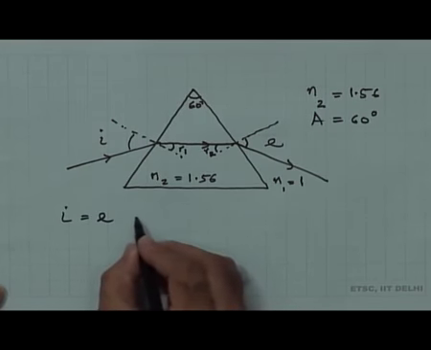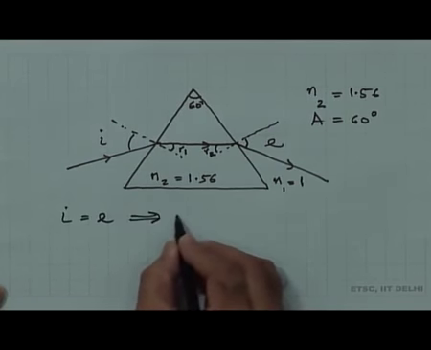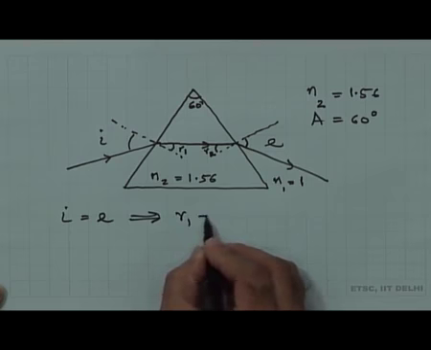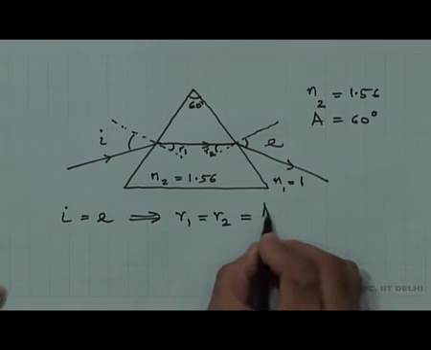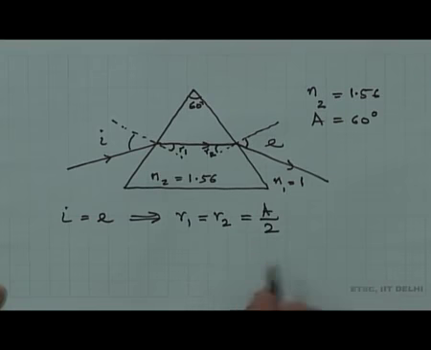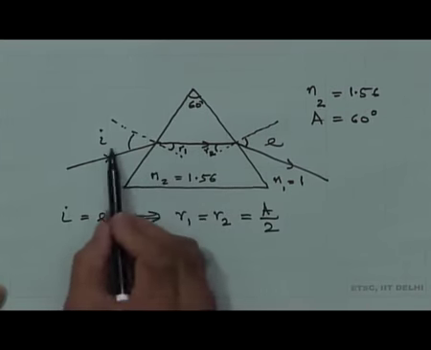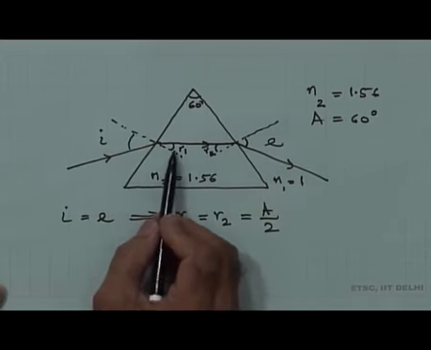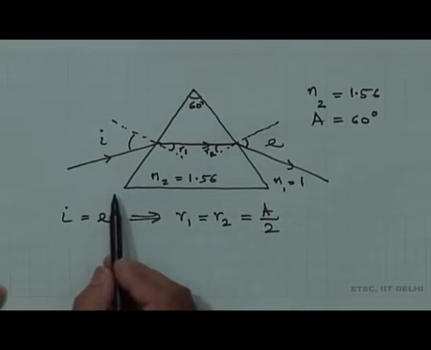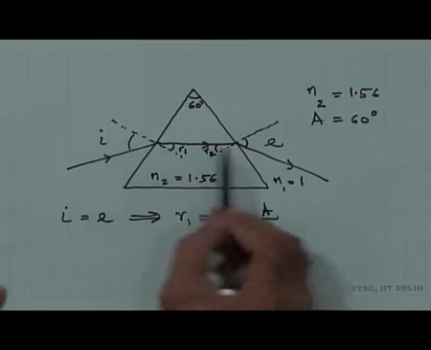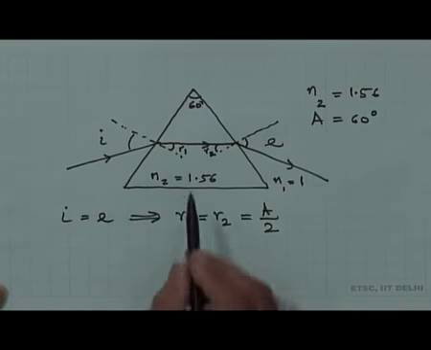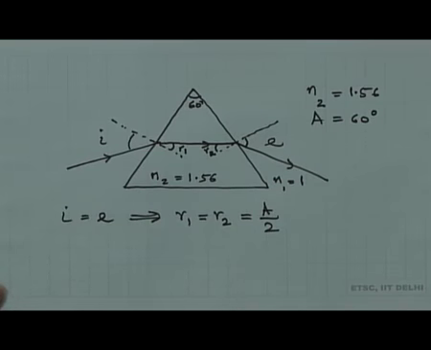I is equal to E implies R1 is equal to R2, which is equal to A by 2. We have already seen this, because if I is equal to E, that means R1 must be equal to R2, because it is the same interface, same refractive index separation here, and therefore, R1 must be equal to R2, and then this will be equal to A by 2.